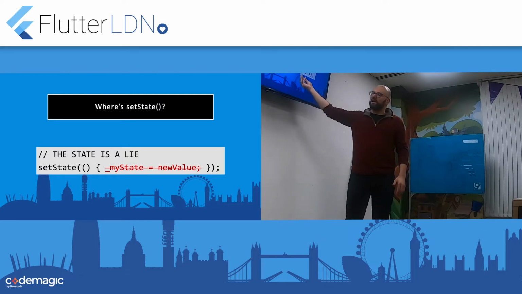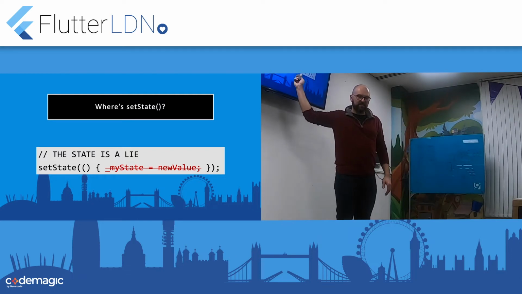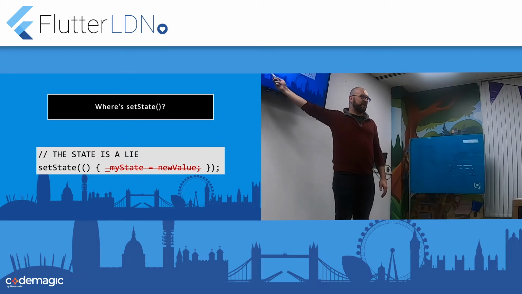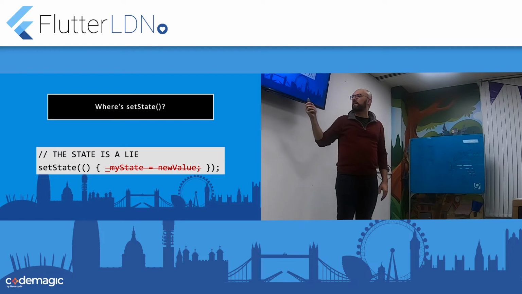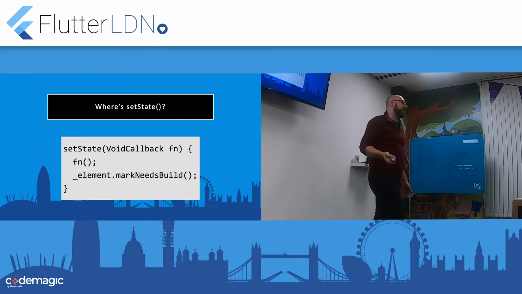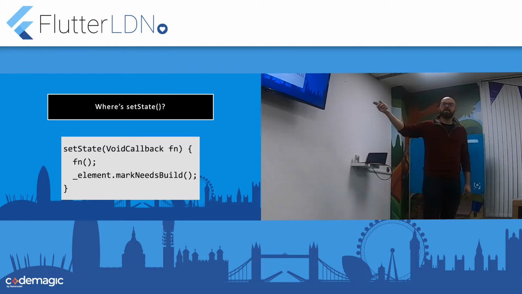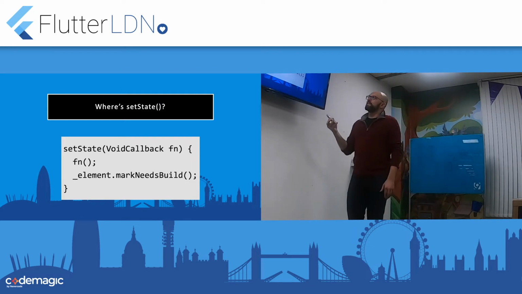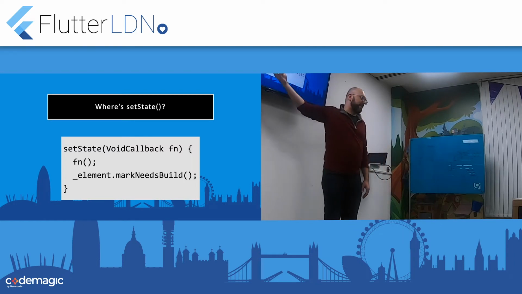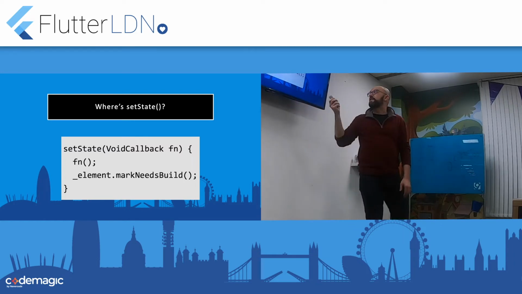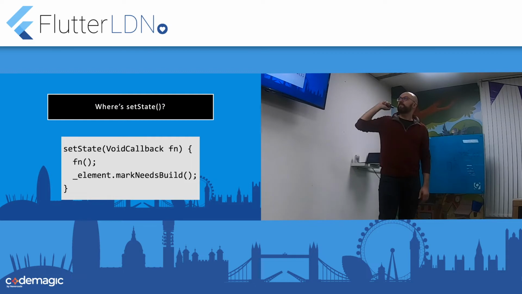Whatever we set here, and it's a common misconception, has nothing to do with the state of our widget or something like this. This is basically execution of a function. We could synchronously execute this function, whatever we put into setState, and the actual setState only does these two things: executes the function and marks the widget, or element, as dirty.